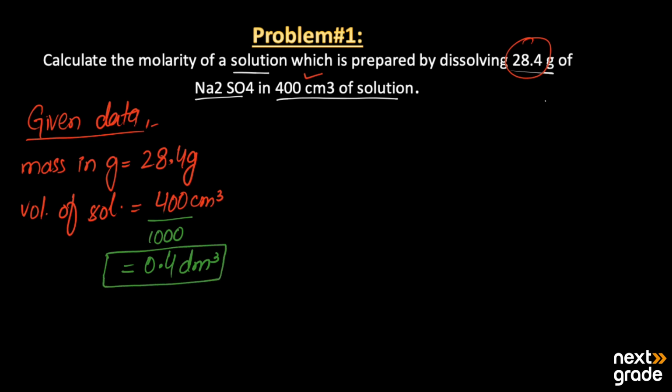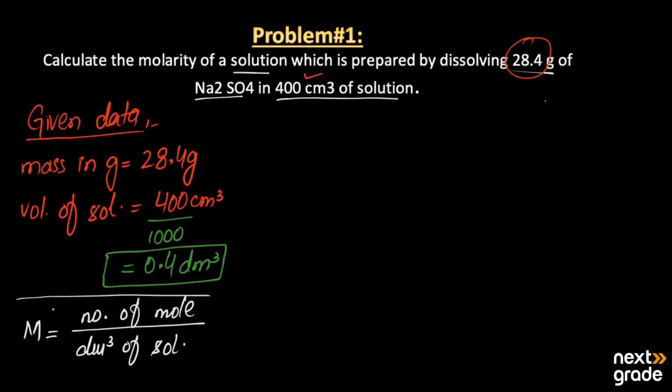Next, we will write the formula for what we really need to find the molarity, which is the number of moles and the volume of solution in dm cube. But here we do not have the number of moles of the solute. So first of all, we will find the number of moles.